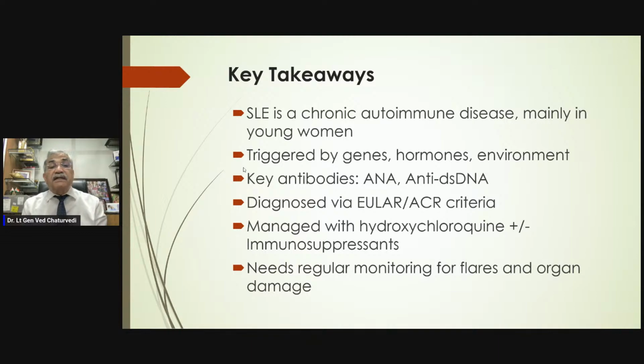These are the important take-home points: it's a chronic, multi-system disease, mostly in young women. If a young woman walks into my office with many different symptoms, you as a physician are confused. She's having some pain here, some pain there, sometimes she cries.